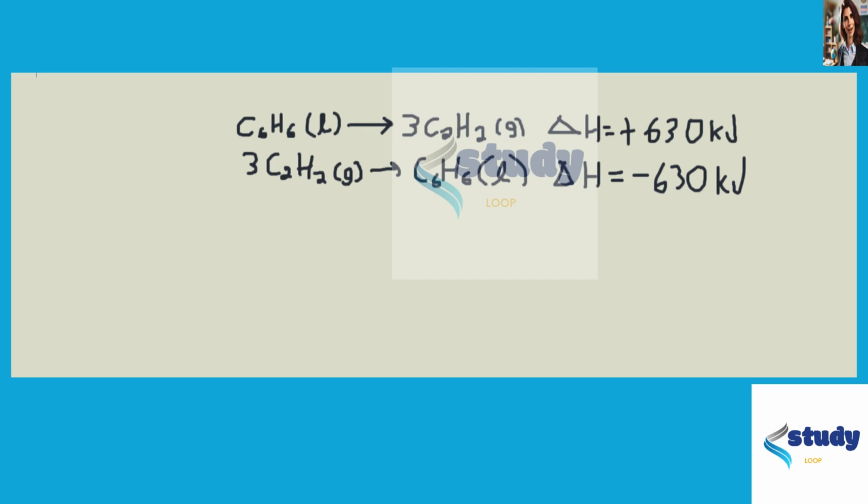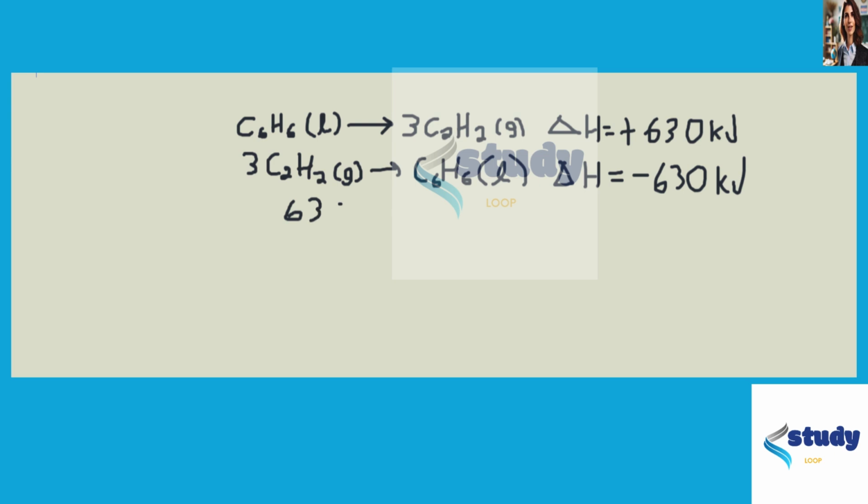Part B asks what delta H is for the formation of 1 mole of acetylene. In the forward reaction, we're producing 3 moles of acetylene from 1 mole of benzene. So this is a very simple way to go.